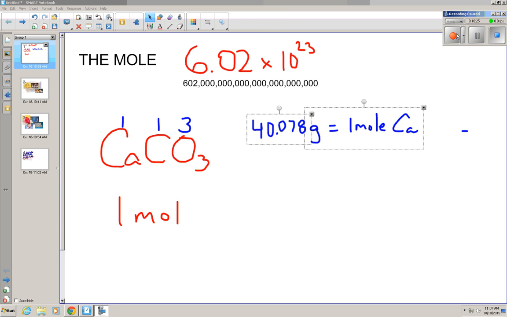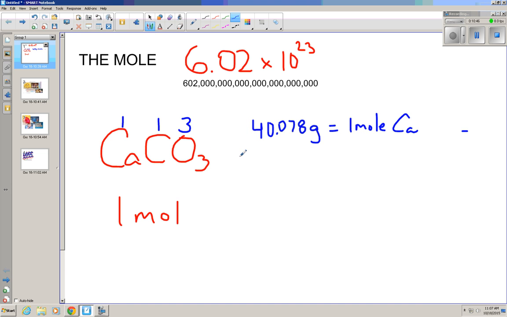Okay, so if a mole of calcium is 40.078 grams, how heavy do you think a mole of calcium carbonate is going to be? Well, I think your wheels are probably turning. You could probably just add up the masses of each of these things individually. That's exactly what we're going to do. So I will go to look at carbon, and I know that carbon has a mass of 12.01, and I know there's only one carbon in this formula, so that's going to be for a mole of carbon.